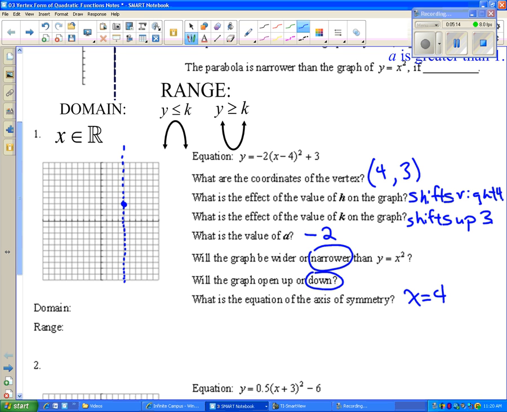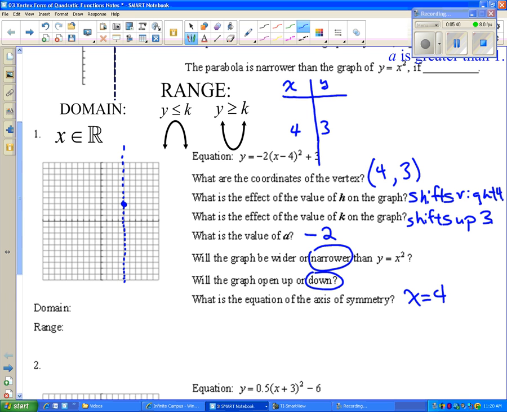So how do I go ahead and find other points on my graph? Well, before we do the domain and range, there's a quick way and a longer way. The choice is yours. The longer way, I'm going to do an XY table. I'm going to start with my coordinate 4, 3, right in the middle.